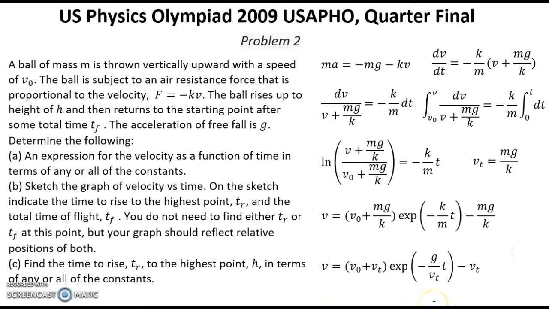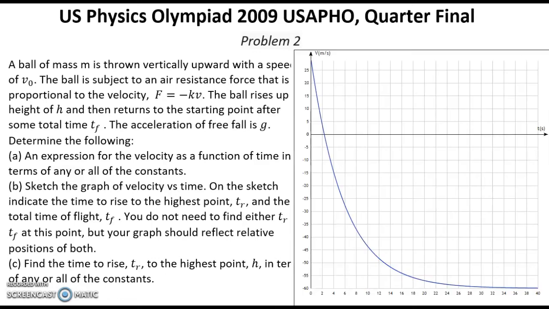Now we can sketch the graph of velocity versus time. Let's say we take terminal speed about 60 meters per second, and initial speed 30 meters per second up. For this condition we can draw this graph. This is our graph, velocity versus time.